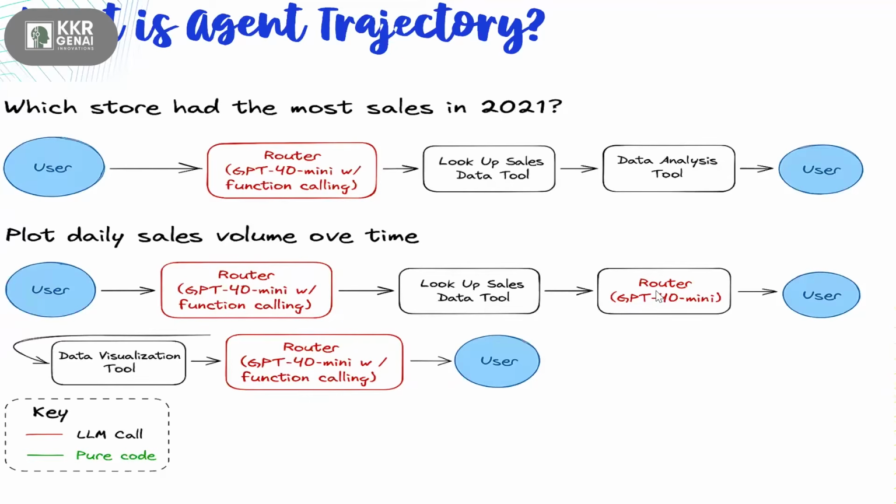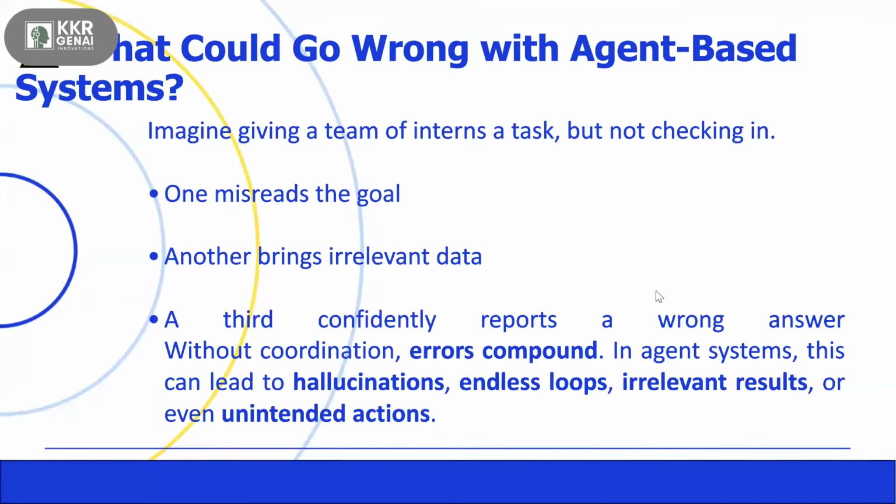We cannot expect 100% accuracy, where the agents perform perfectly. Sometimes they won't perform for some corner-case questions. So how do we identify and handle those cases? That is very important for agentic behavior. This is where the next slide comes in: what could go wrong with an agent-based system.